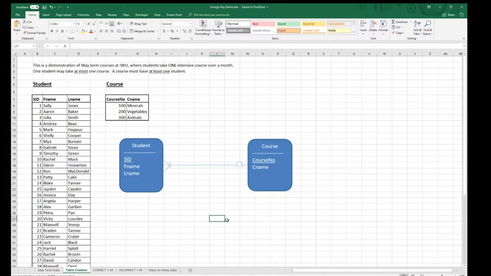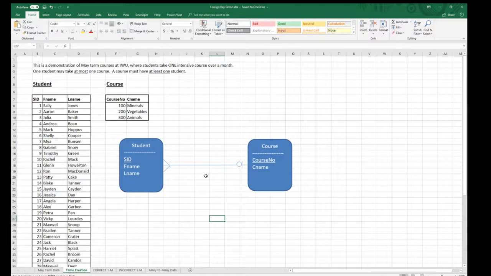Okay, but if we take a look at the tables, right now the tables aren't related. We know that we have a relationship here, that students will take courses and courses will have students enrolled in them.